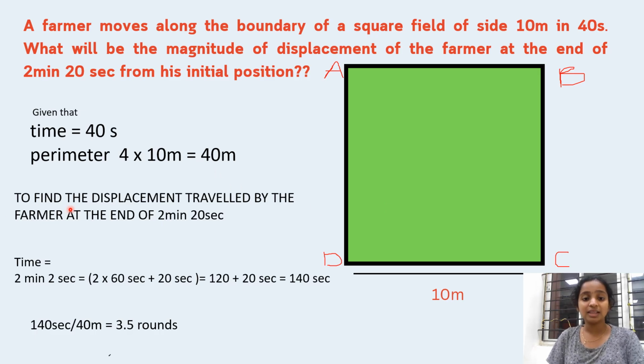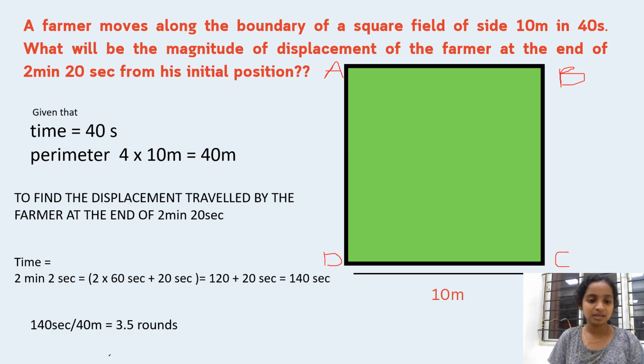Then what is to find? We have to find the displacement of the farmer at the end of 2 minutes 20 seconds. But what is the SI unit of time? It is second. So we have to convert this minute into second. Here we have 1 minute is equal to 60 seconds. So 2 into 60 plus 20 seconds.